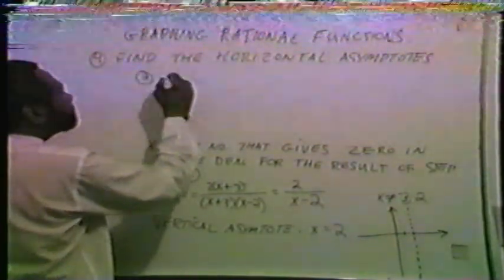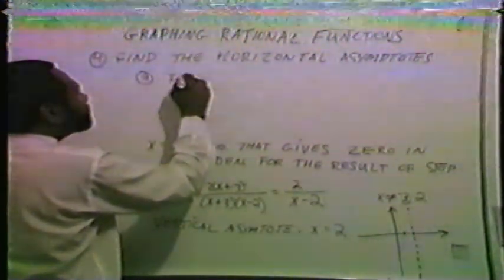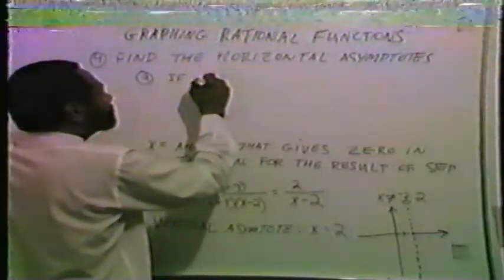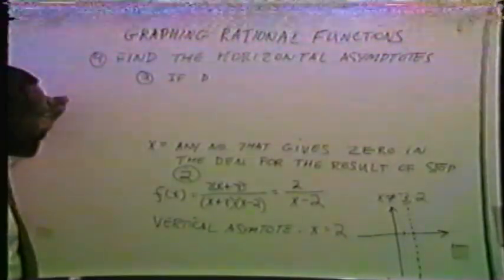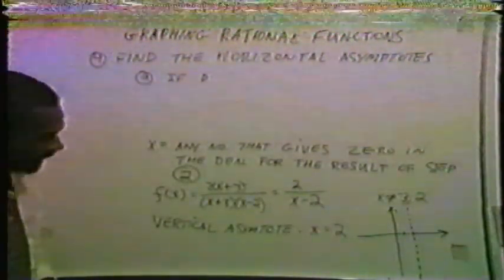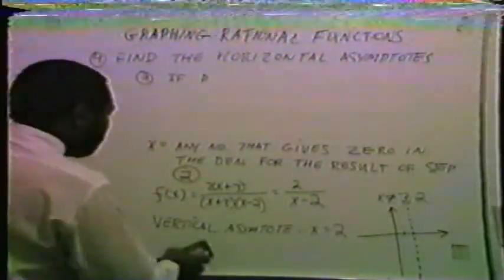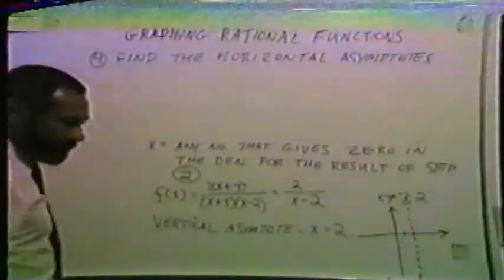For part A, you're making sure this is reduced, and you're looking at the result of the reduction. Look at the result of step number 2.